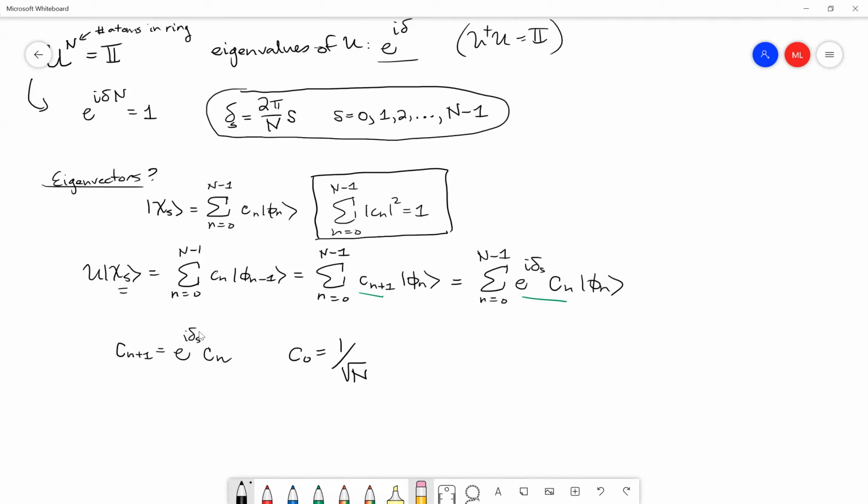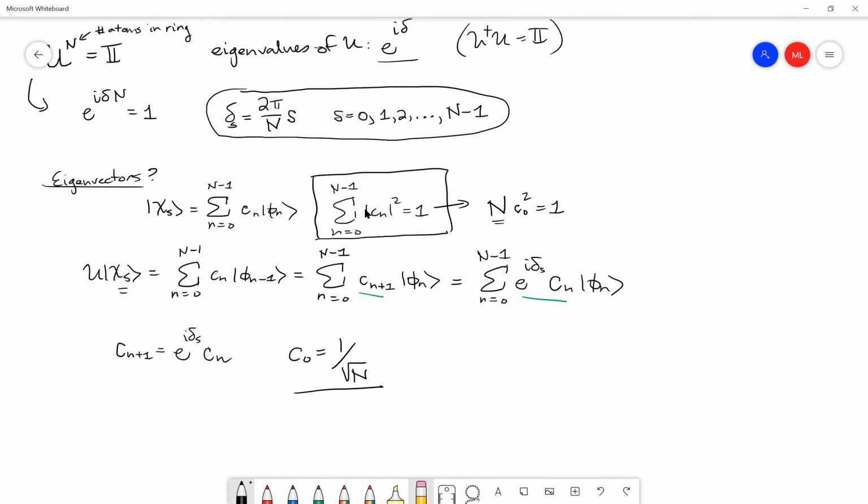Just from the case where you can set delta equal to 0, then all the coefficients are the same, and this condition amounts to saying that n, the number of terms in the sum, times C0 squared, since they're all the same now, is equal to 1. So you have to have this.